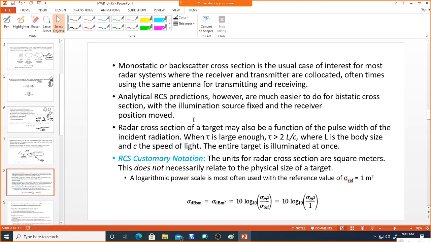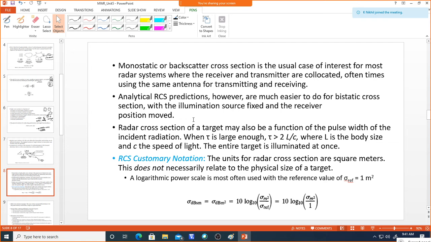One such radar is the through wall imaging radar, where through the wall we see what the person inside the building or room is doing. Based on his movement, the reflected energy will come.